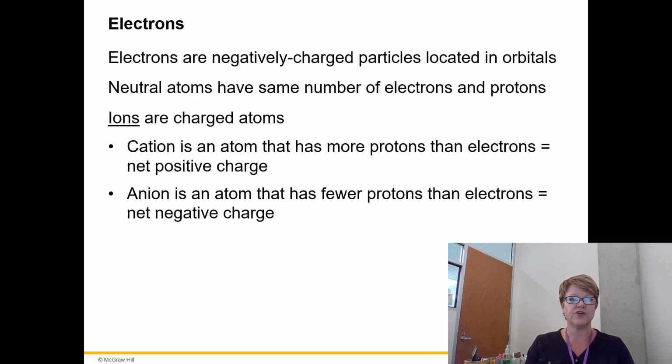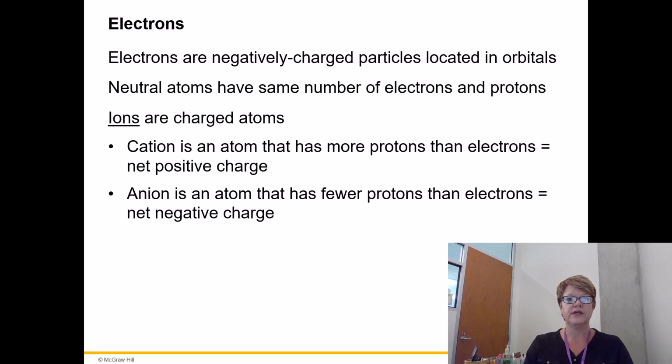Now, what about electrons? Electrons have a charge, negative, but they don't have any significant mass. If an atom has an equal number of electrons and protons, then we said that that atom would be electrically neutral. But what if there was an atom that had a different number of electrons and protons?